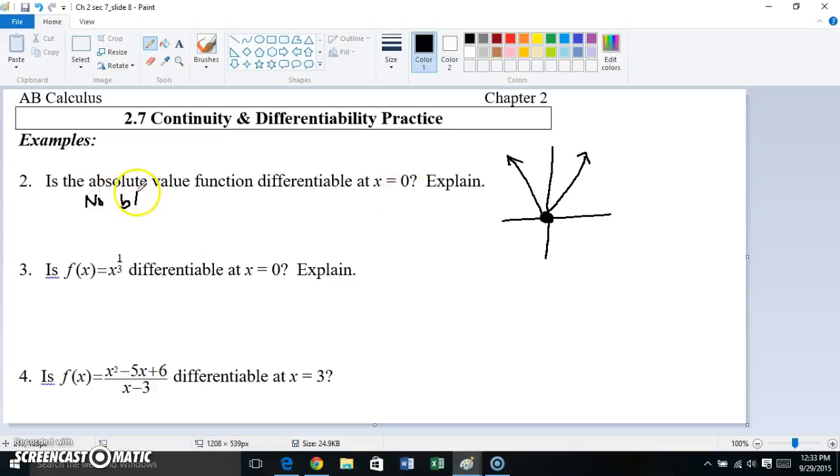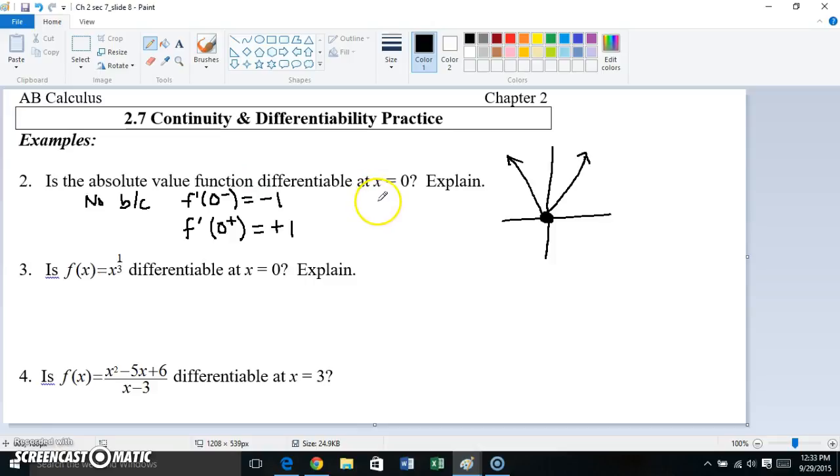No, because f prime of 0 on the left, I'll use that notation, is -1, whereas f prime of 0 on the right, so that kind of means the slope as I'm approaching 0 on the right, is +1.